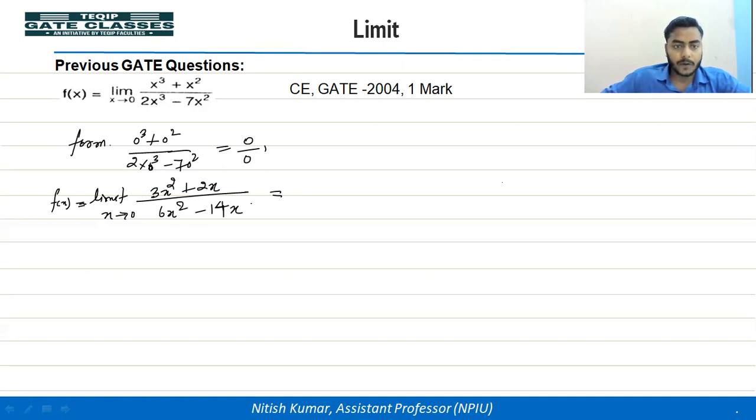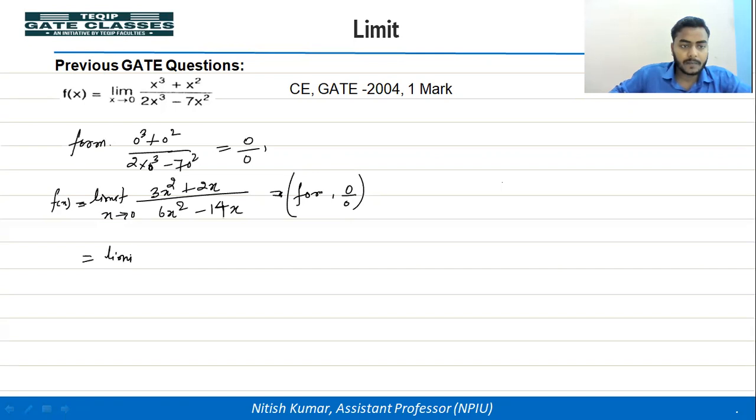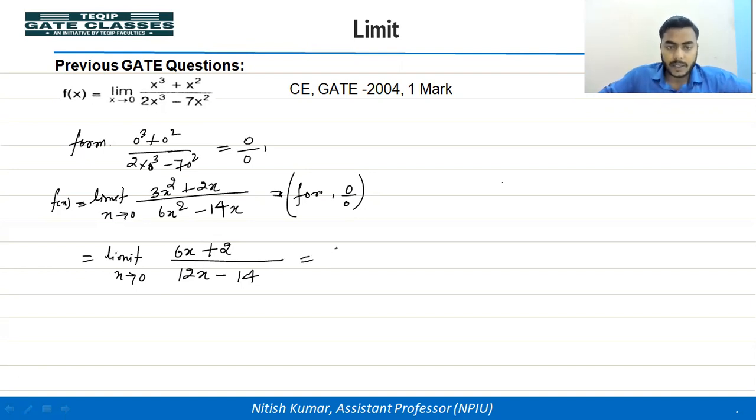Again you are getting 0 by 0 form. Putting the value x equal to 0, again you get 0 by 0 form. So again differentiate: 6x plus 2 in the numerator, 12x minus 14 in the denominator. Put x equal to 0 and you get 2 by minus 14, which means minus 1 by 7.